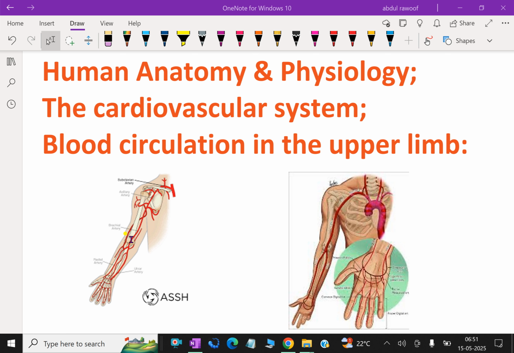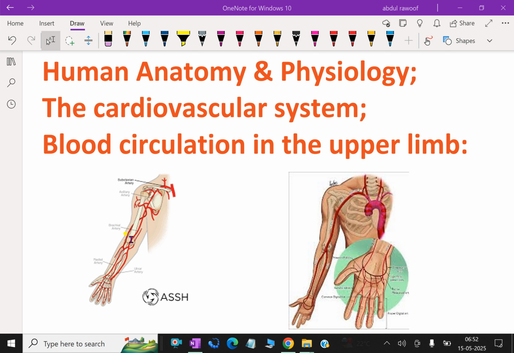The azygos vein joins the superior vena cava, and the hemiazygos vein joins the left brachiocephalic vein.